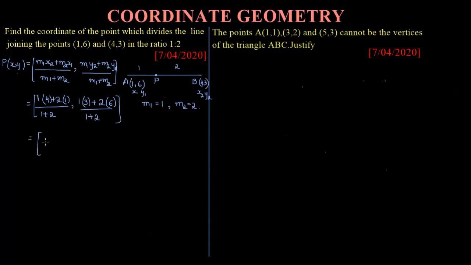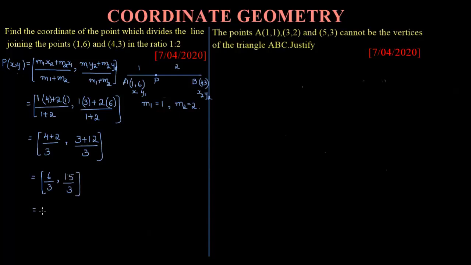Let me simplify this. 1 4s are 4, 4 plus 2 is 6. 3 plus 6 2s are 12, divided by 3 again. Now 4 plus 2 is 6 by 3, comma, 3 plus 12 is 15, divided by 3.